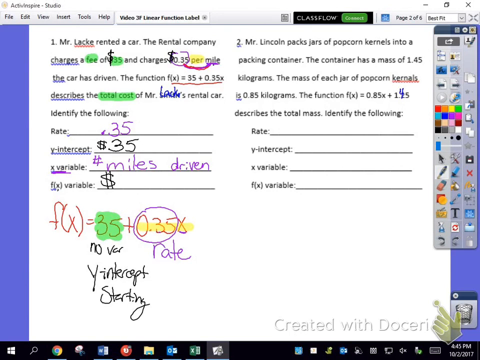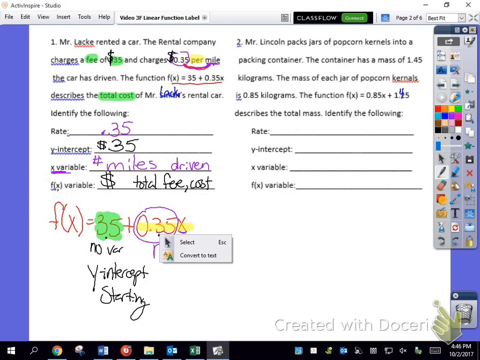So 35 is my fee, but the f of x represents the total amount, the total fee, or the total cost I'm going to have to pay. It's about money, all right? That is a linear function. I start at 35, but every single mile I'm going to go up 35 cents, and it will go up the same amount every single time.